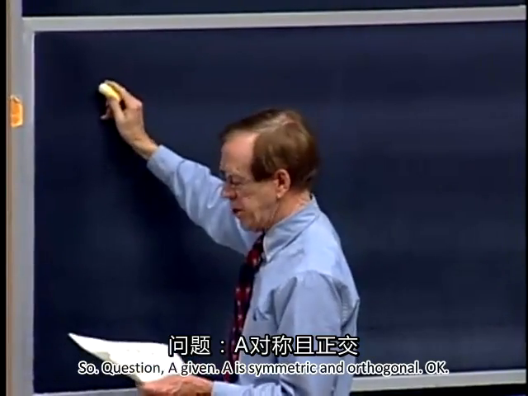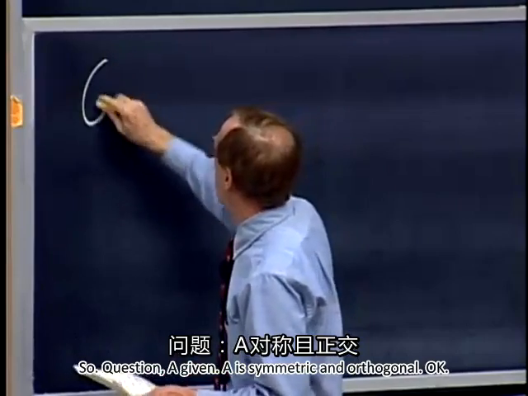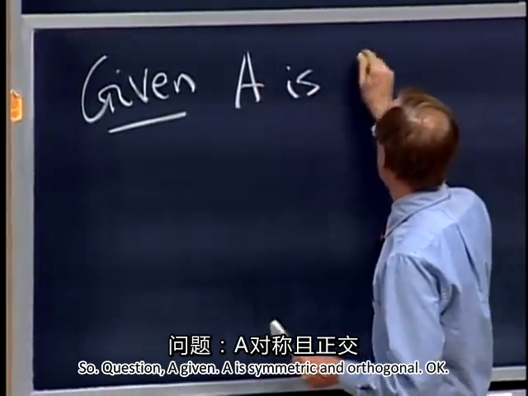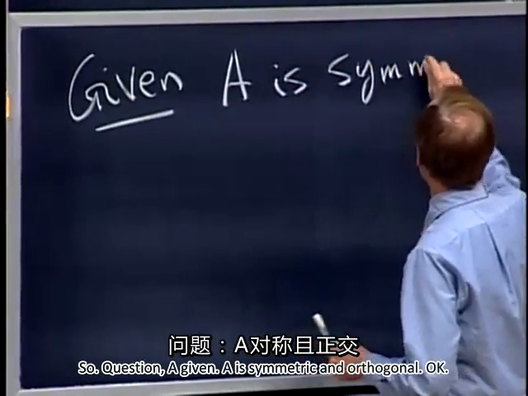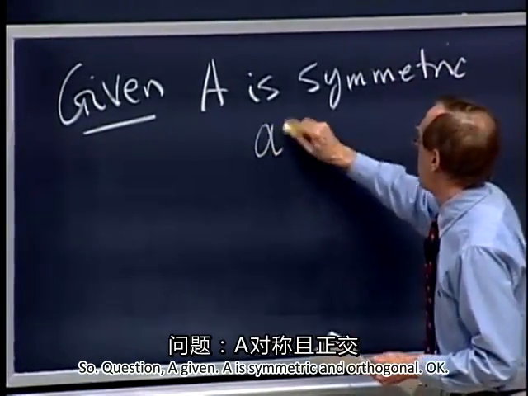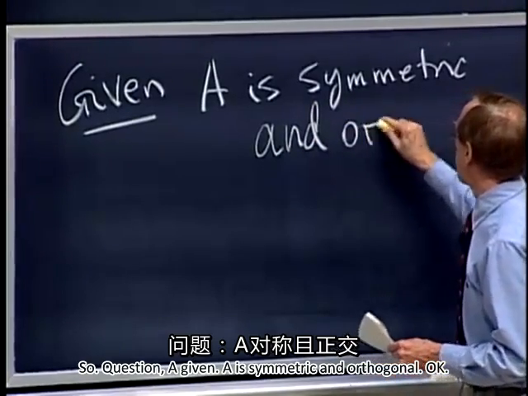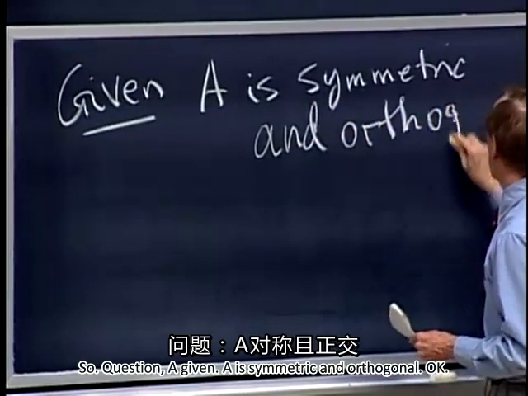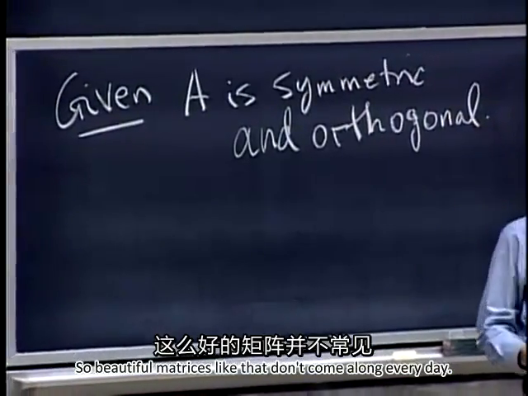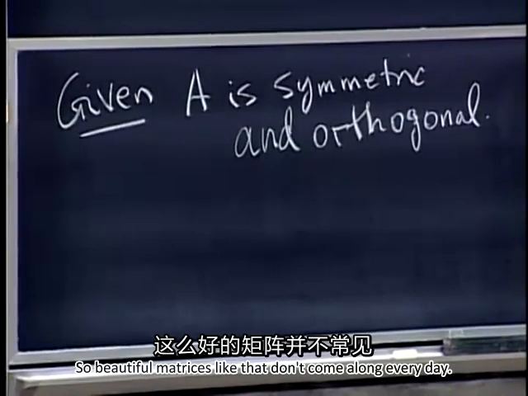So, question: A is given, symmetric and orthogonal. Okay. So beautiful matrices like that don't come along every day.